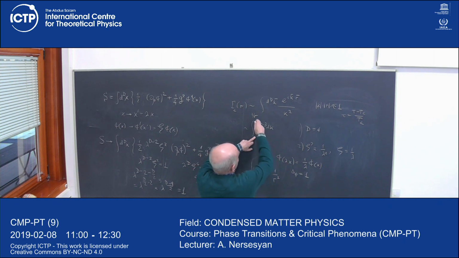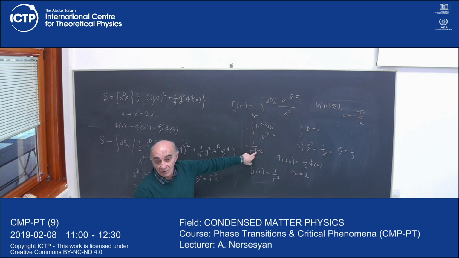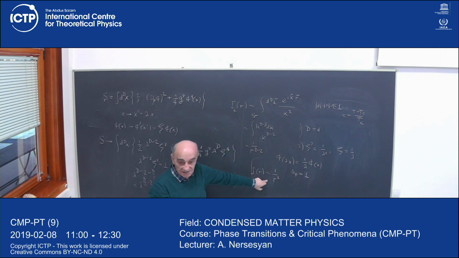So that gives me the maximum k is k to the power of d minus 2, as you can see, right? And therefore the function will behave as r to the power of d minus 2. Now when d is 4, you get 1 over r squared, and that's precisely what we have obtained.